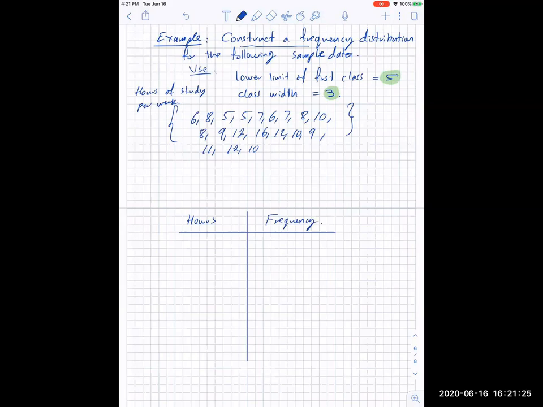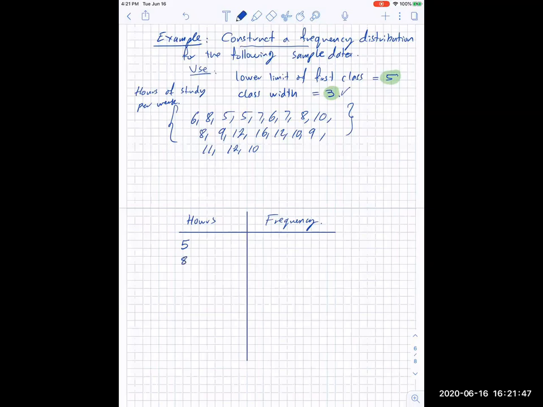Now look, guys, what does it say? It says begin with 5. The lower limit of the first class is 5, so I'm going to put 5. Then I look at the class width, which is 3. 5 plus 3 is what? 8.